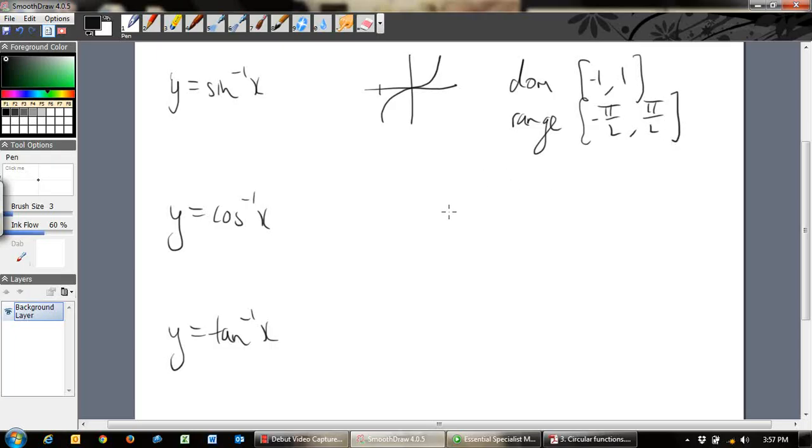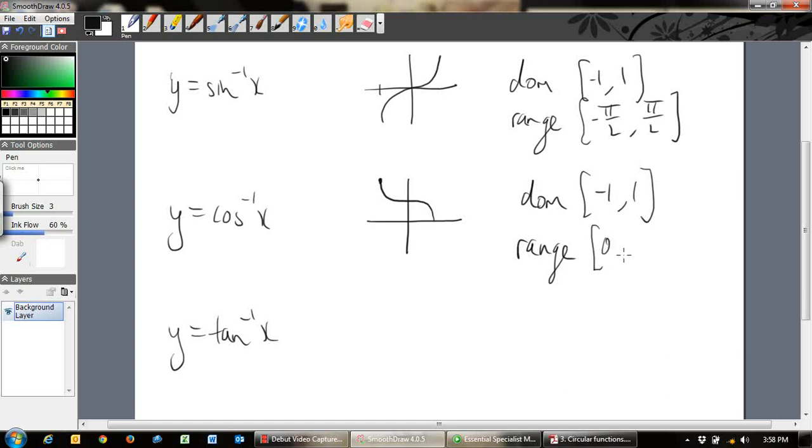That's our function there. Y equals cos -1 x looks like this. It starts there and goes up and across like that, and it has the same domain as sine, and a range that starts at 0 and goes up to pi.